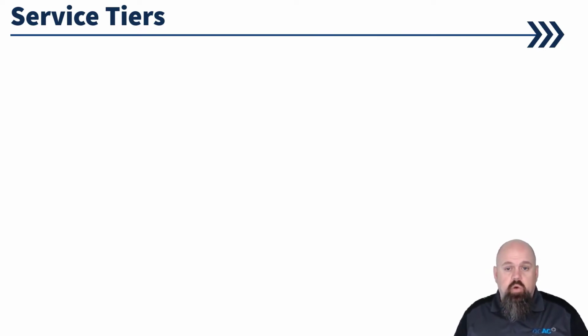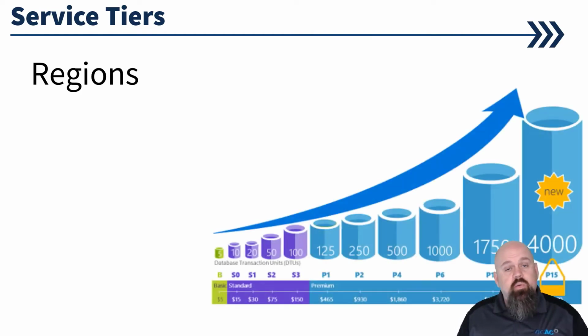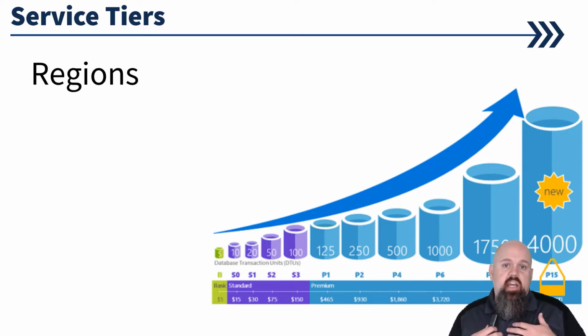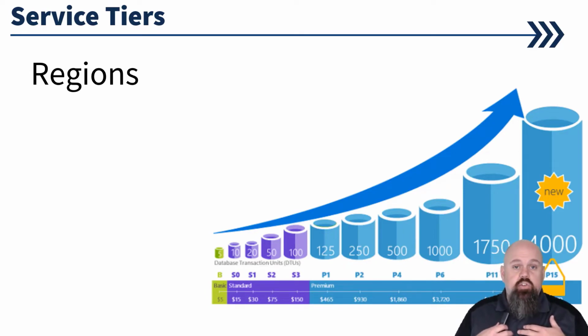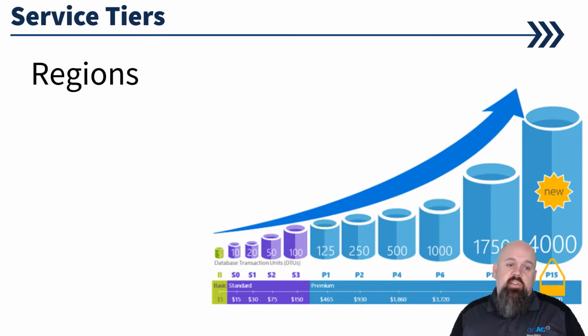With service tiers, one of the things I want you to think about when you run into performance issues is what region you are in. If I am on the East Coast of the United States and my database is in Australia, the performance of that database might suffer because there's a good deal of latency between where I am physically sitting and the database sitting in Australia.